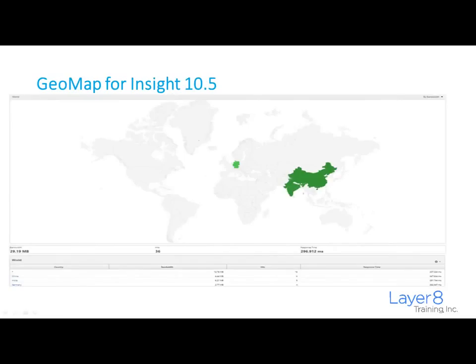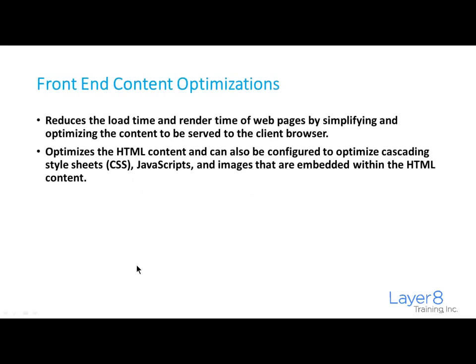How much of that bandwidth is the screenshots he's getting? How much is printer traffic? How much is file redirection? Things like that. And I can go in and see valuable information about the traffic flow back and forth. Okay? So really nice things that they've enhanced with the Insight product. Okay? And then the final big change is front-end optimizations.